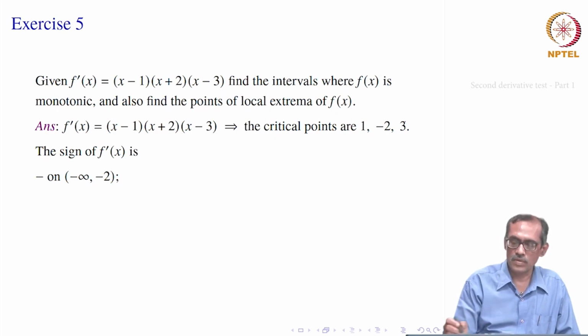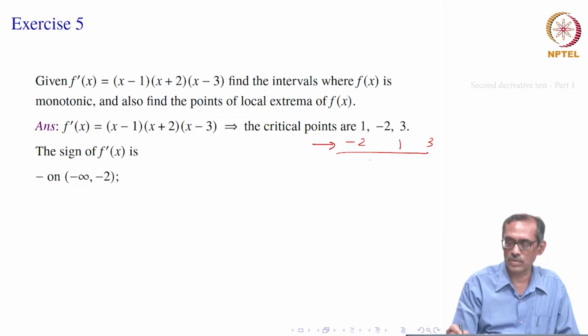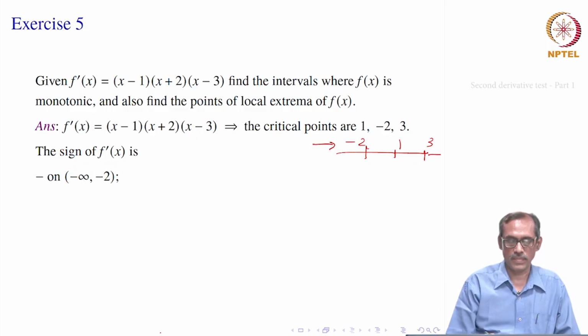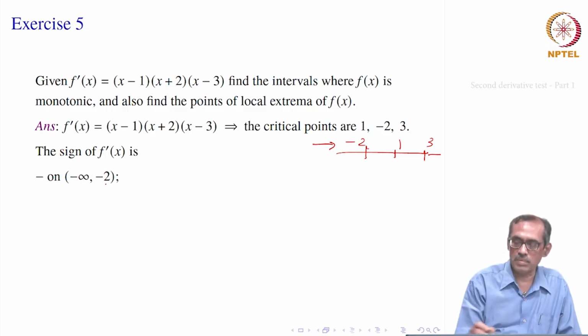Okay. So, first it is minus 2, then comes 1, then comes 3, it is like this. One interval is from minus infinity to minus 2, and then from minus 2 to 1, then from 1 to 3, and then 3 onwards. These are the 4 intervals. Okay. So, on minus infinity to minus 2, when x is smaller than minus 2, we see the sign of it.